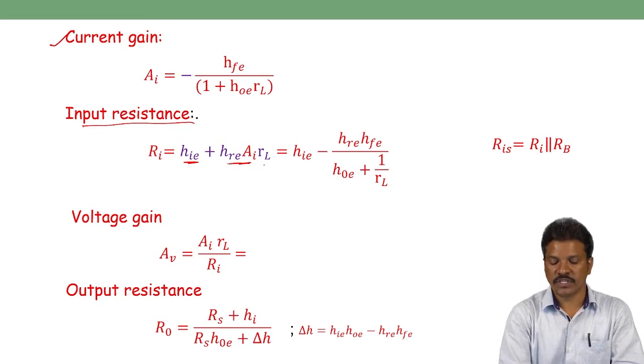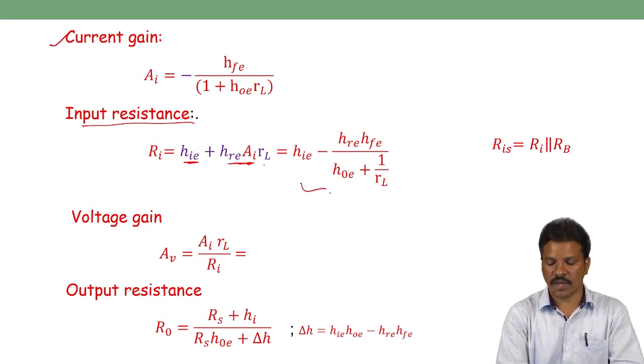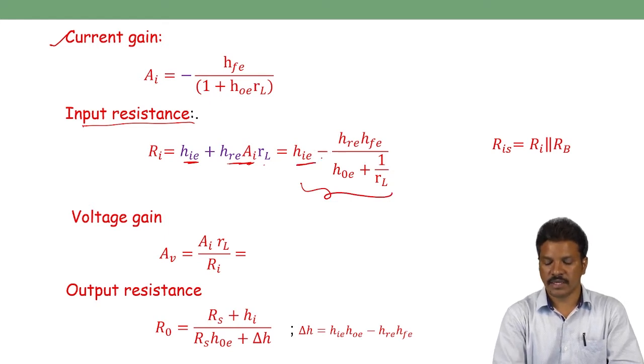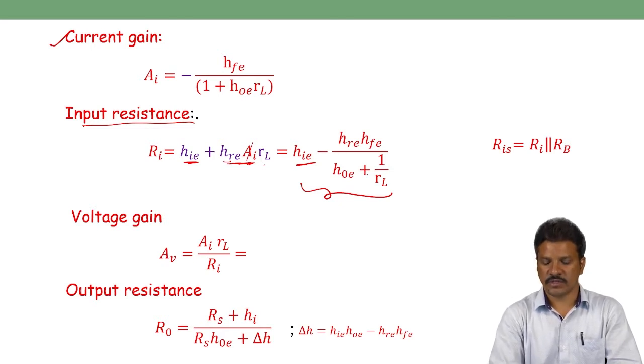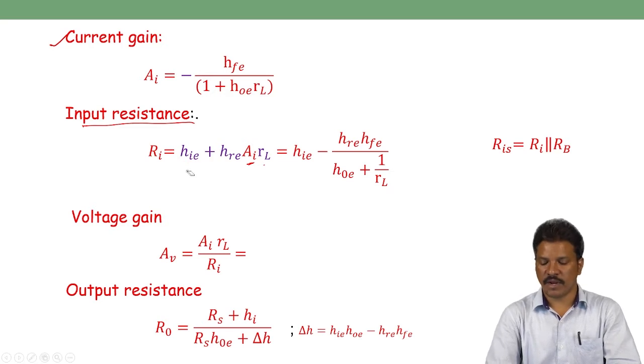When we substitute the AI equation, AI is equal to minus HFE divided by 1 plus HOE into RL, the entire equation can be converted: the first term stays as HIE, minus HRE HFE divided by HOE plus 1 by RL. So this is the formula for input impedance in common emitter configuration.